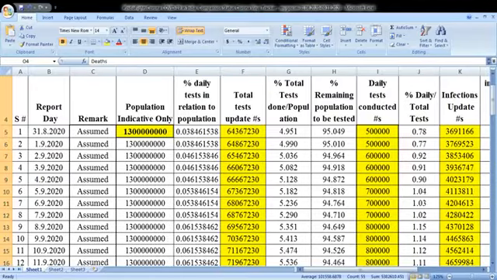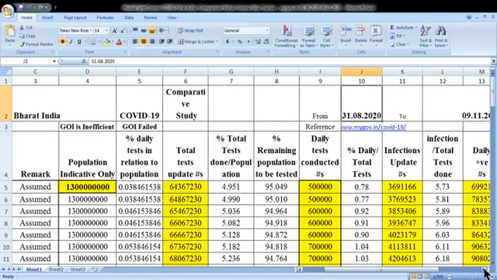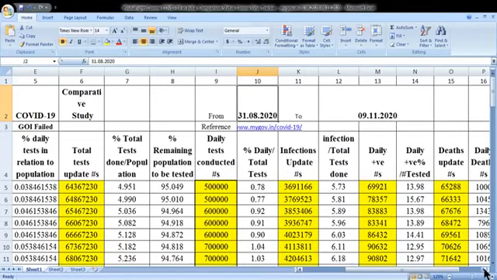Now I start with these columns, which I spoke to you about. I say Bharat, India, government, and that is COVID-19 comparative study from this date, August 31st, to November 9th.